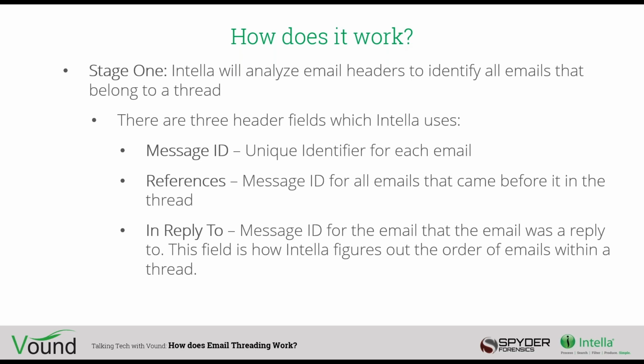The second field is references. The references field contains the message IDs for all emails that came before it in the thread. So if you were to look at the last email in a thread and you look at this references field, you would see a listing of all the message IDs that are part of that conversation.